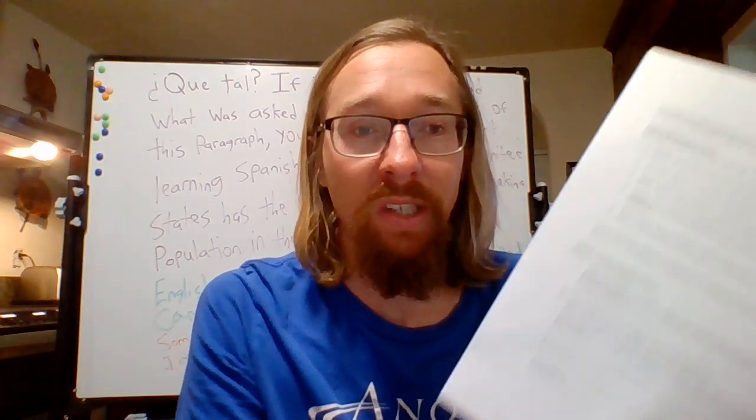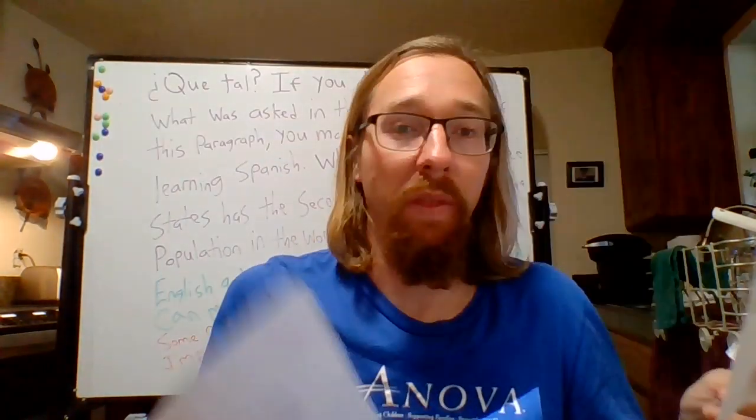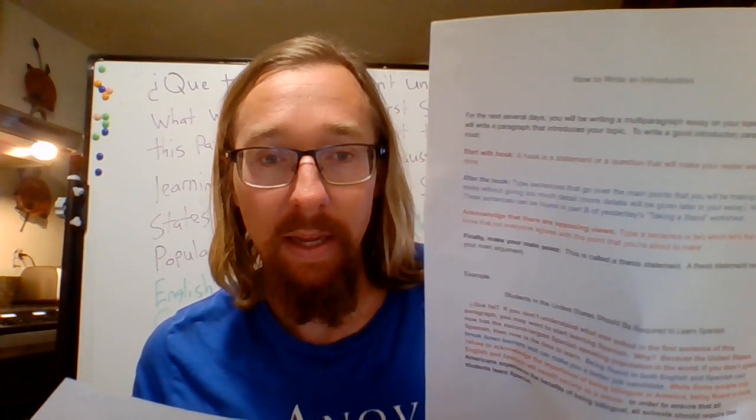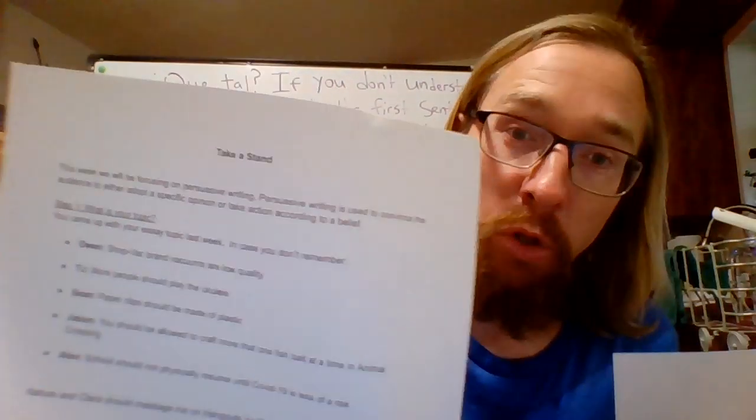I think it was for part C of the Take a Stand document. So this whole intro paragraph has essentially been laid out for you by both what I've given you, and also by what you've written in the Take a Stand document.